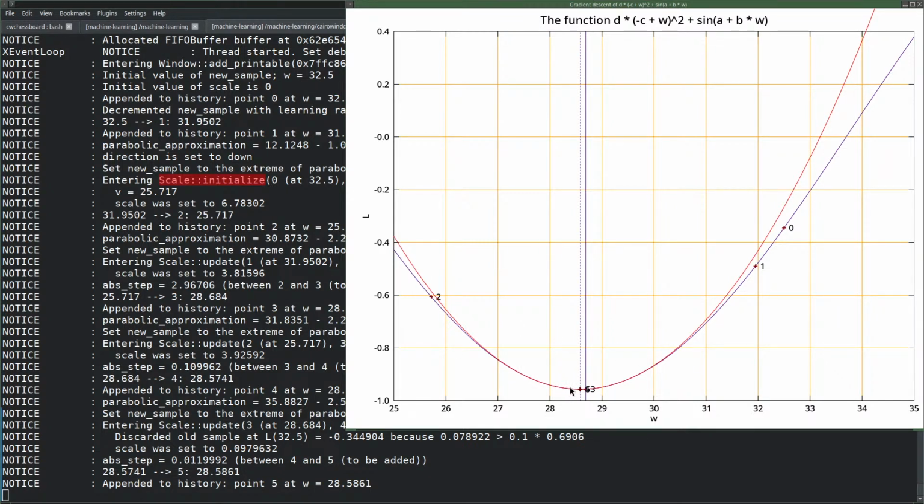I guess that once the new sample lays within a small fraction of the scale, I just don't want to change scale anymore, because I don't care what it is. Man, why is this so difficult?